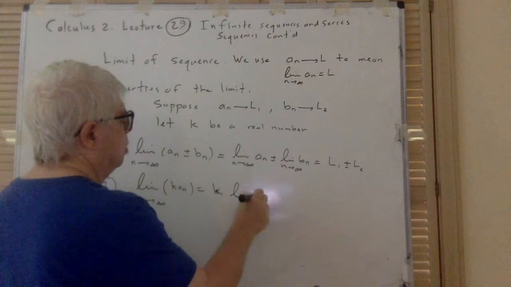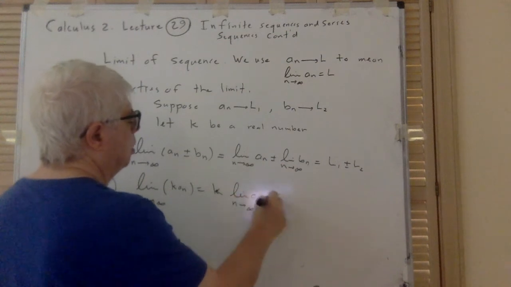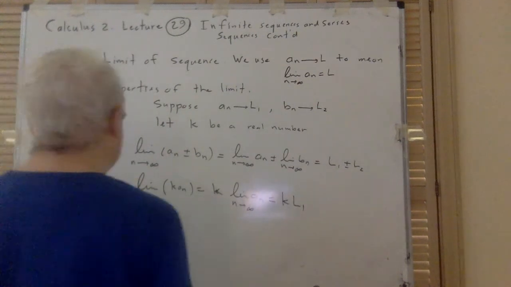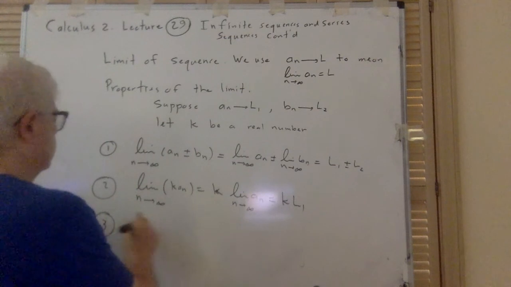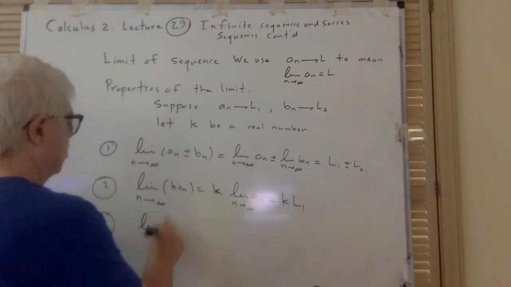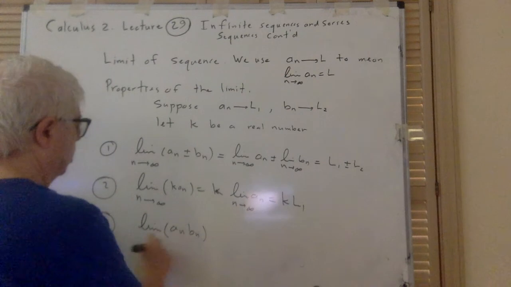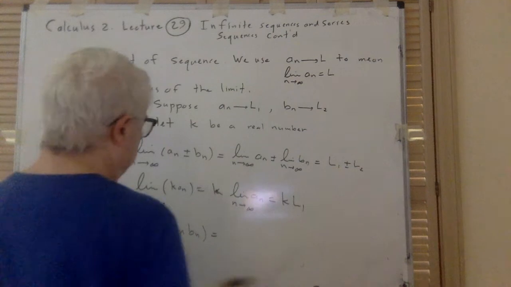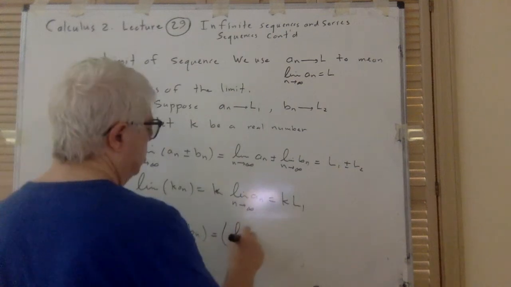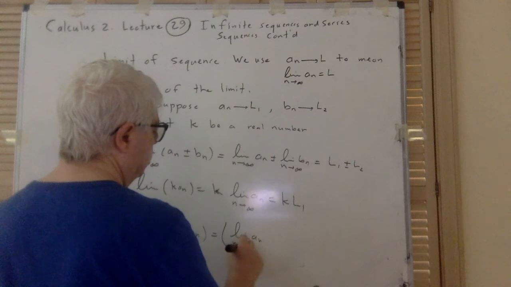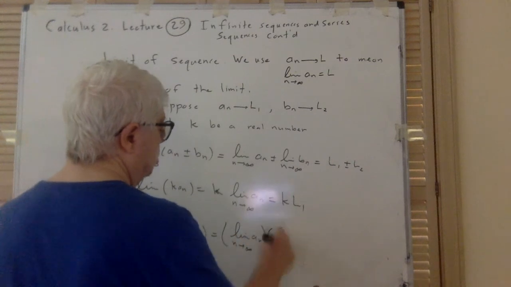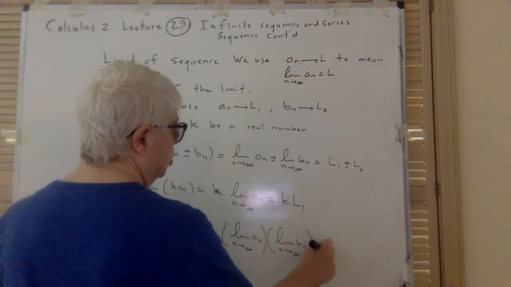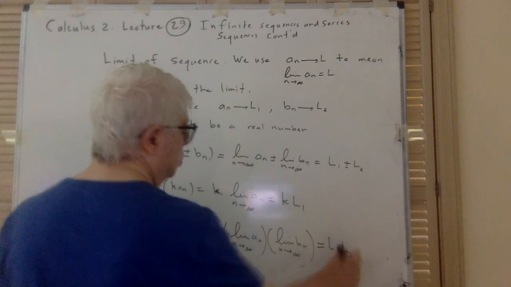So that's k times the limit of an as n goes to infinity. Next, you can guess that the limit of an times bn as n goes to infinity is the limit of an times the limit of bn. So it is L1 times L2.